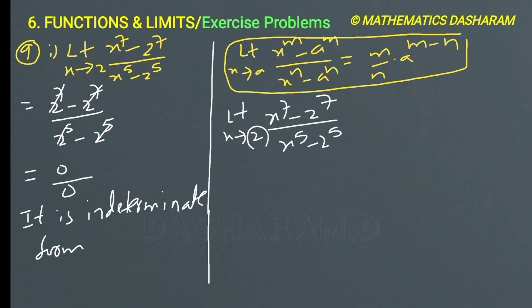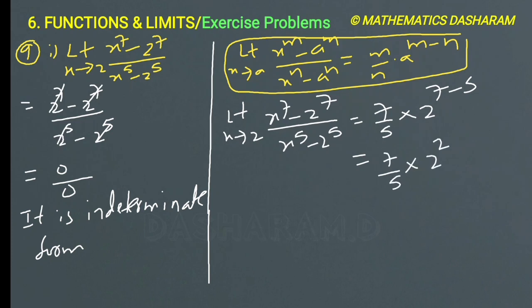See here it is a, here also a, 7 is m, 5 is n. So then it is equal to 7 divided by 5 into a, what is a value? 2, to the power of m minus n, 7 minus 5. So 7 divided by 5 into 2 to the power of 7 minus 5, 2. 7 by 5 into 2 square is 4, and 7 4s are 28 divided by 5.